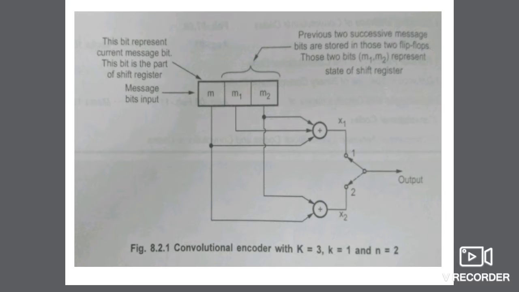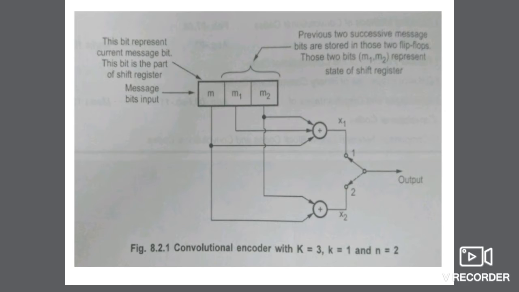This bit is part of the shift register, and m2 and m1 are the previous two successive message bits stored in those two stages of the shift register. m1 and m2 represent the state of the shift register, and x1 and x2 are the outputs of two mod-2 adders, and the outputs are connected by a switch.